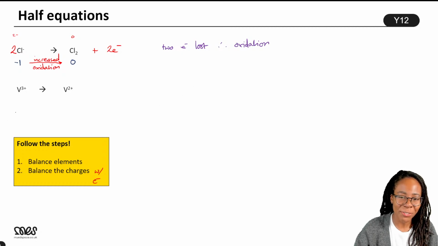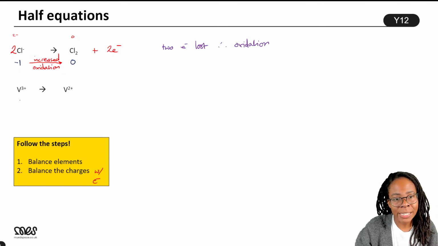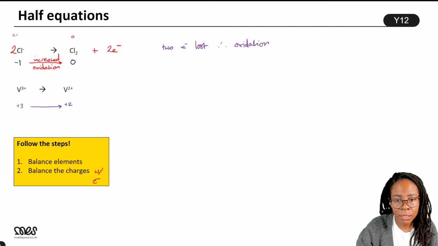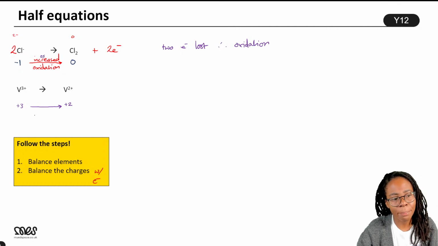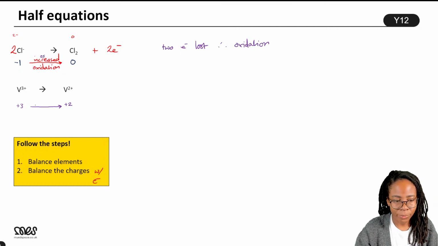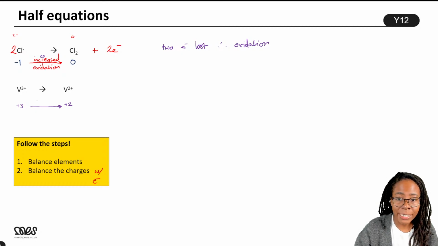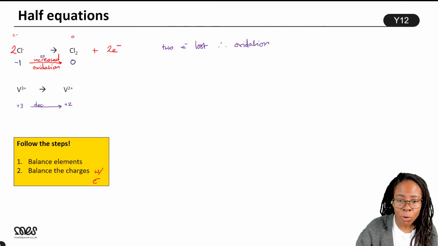Oxidation states here are really straightforward, so I won't necessarily ask you, we'll just speed ahead with this. Because they're simple ions, the oxidation state on the left is +3, and the oxidation state on the right is +2. What's happened to the oxidation state or oxidation number? Lovely, decreased, therefore must be reduction.